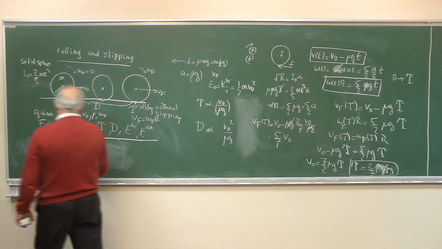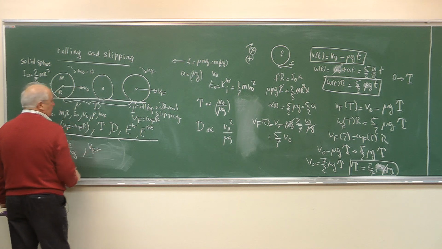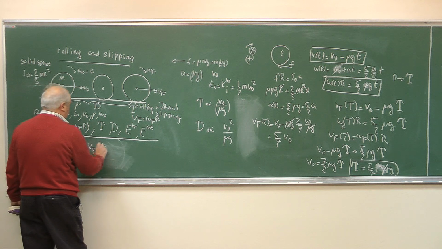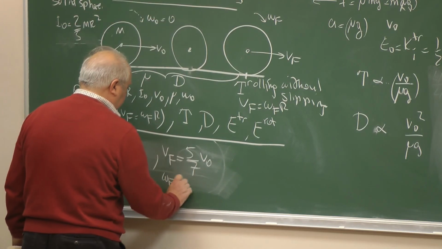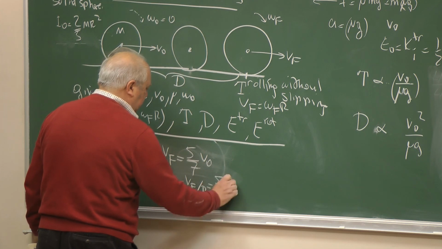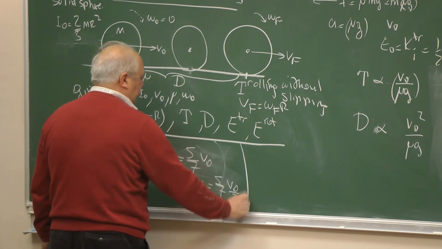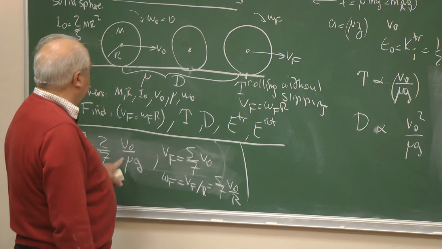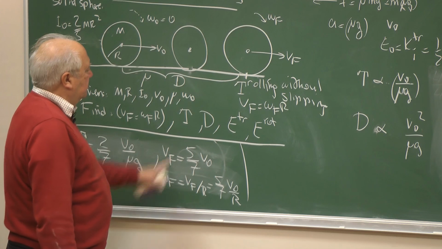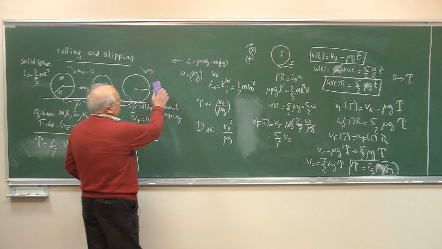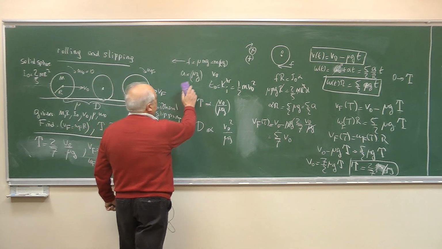So we found vf is equal to 5 over 7 v0, and omega f is vf over r, or 5 over 7 v0 over r. So we found the final velocity, we found the time, and now we'll find d, and I'm erasing all these.